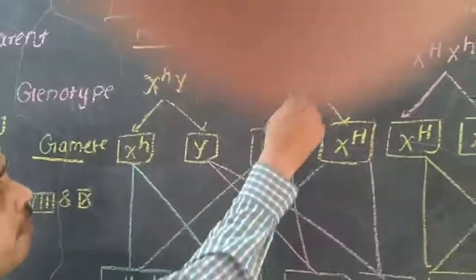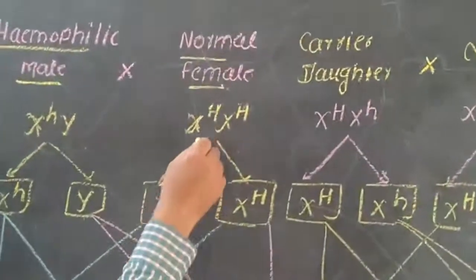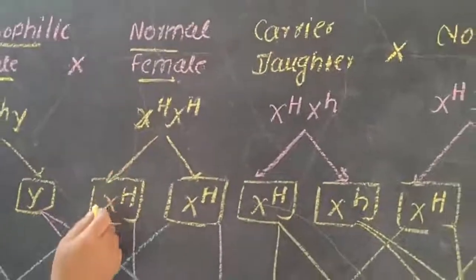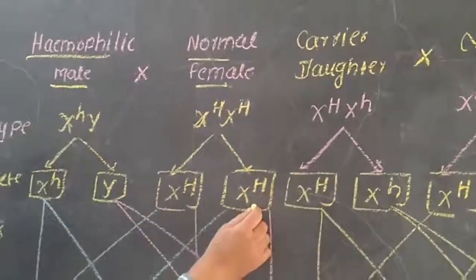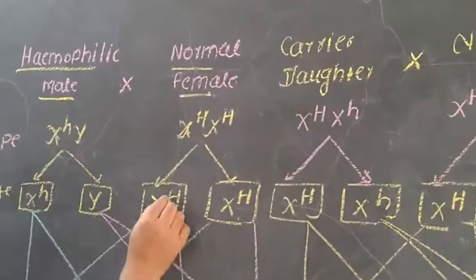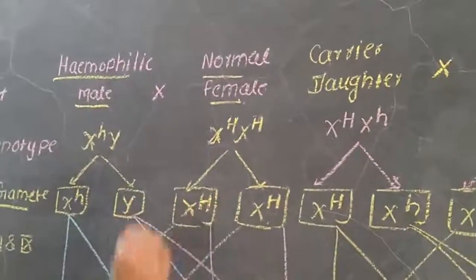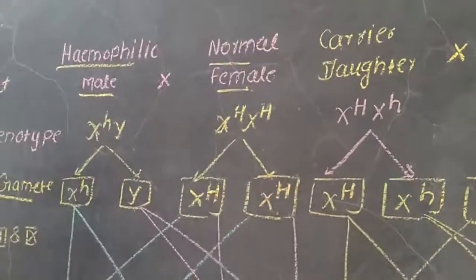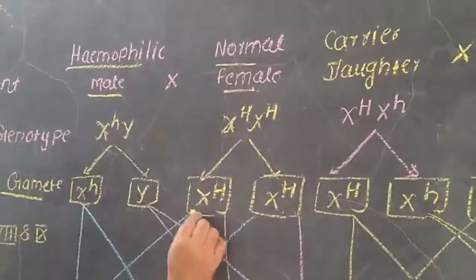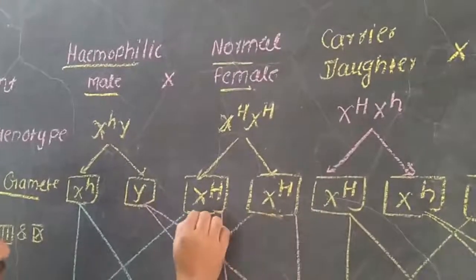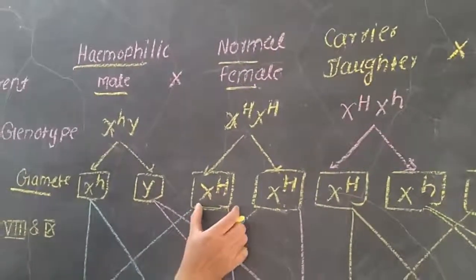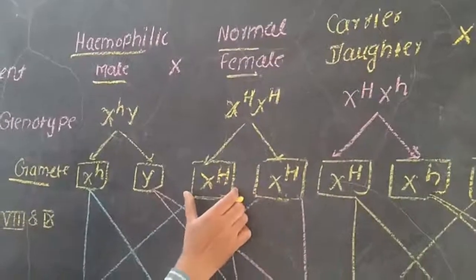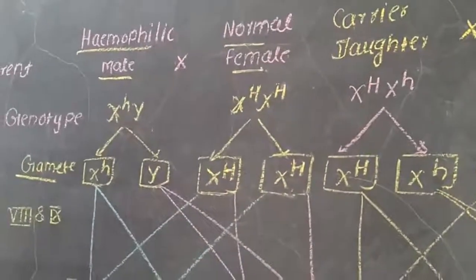The normal female is homogametic, because the same type of gametes will be produced: on each X chromosome the dominant gene will be present. Hence the homogametic condition is produced.